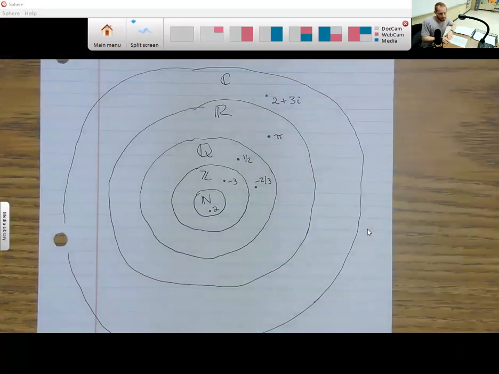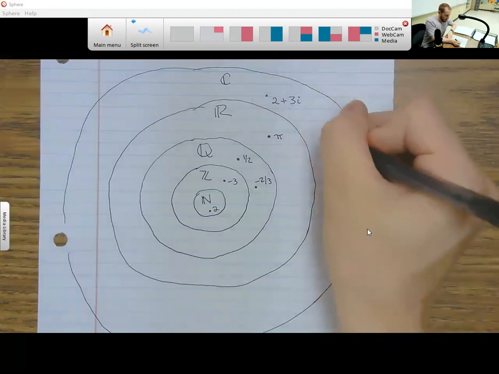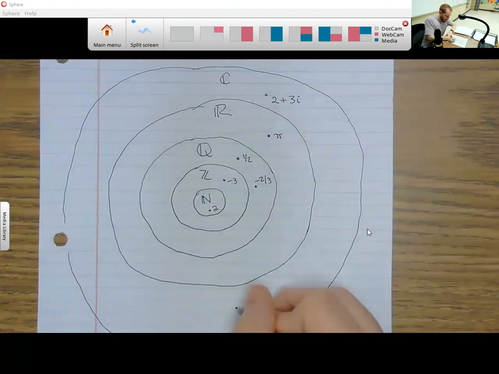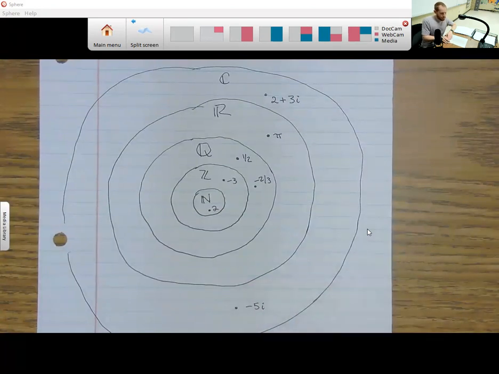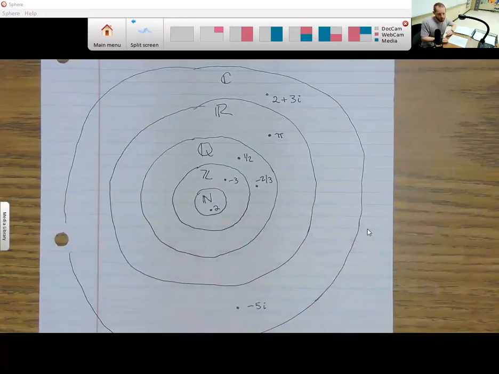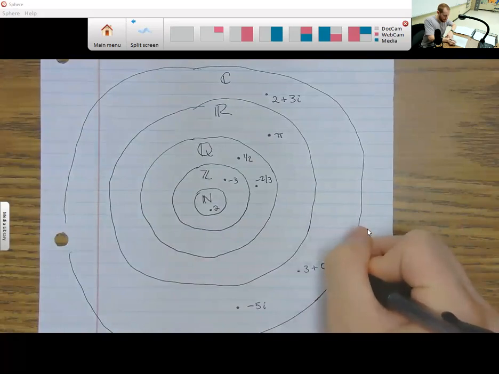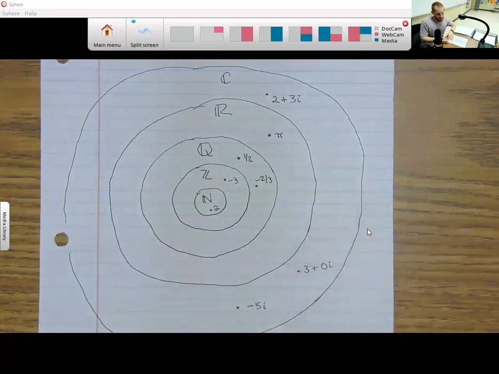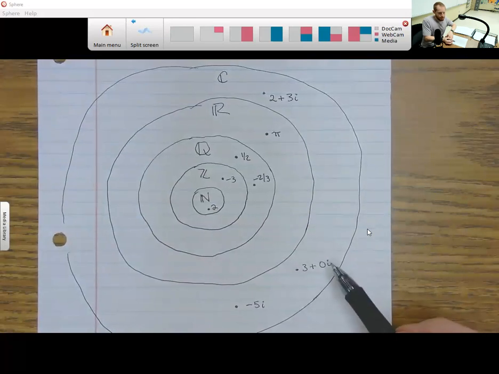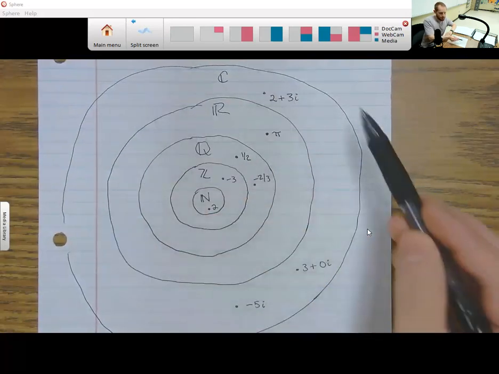That would be a complex number, right? -5i. That would be an imaginary number, so it would be in the complex circle. But notice every single real number is also a complex number, right? So you could have 3 plus 0i, so the imaginary part doesn't even exist. So this is actually a natural number. But it does exist inside this complex circle, right?